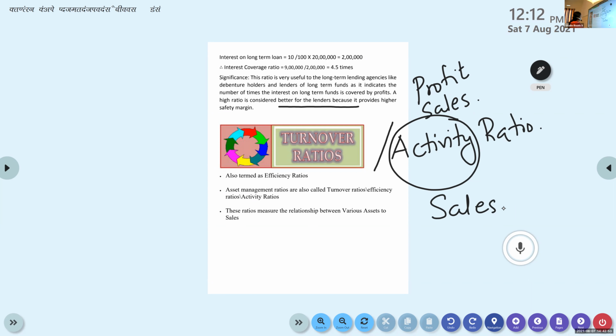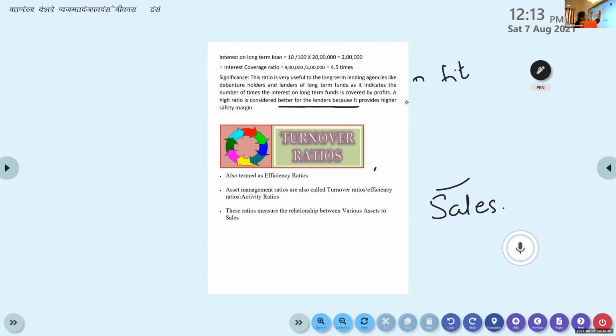So that is turnover ratio or activity ratio, and it has another name, efficiency ratio. And one more name, asset management ratios. So these are all different names of the same family of ratios, that is turnover ratio.